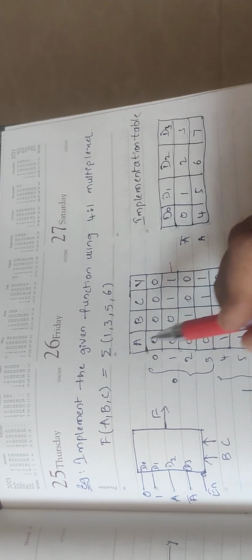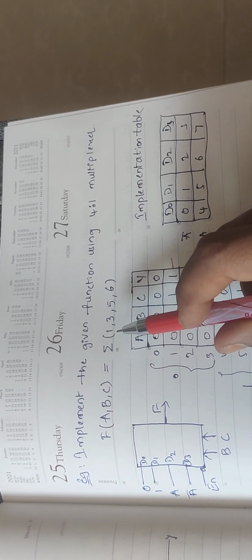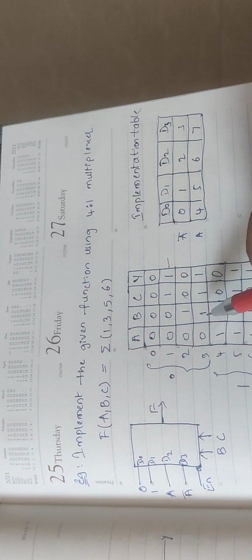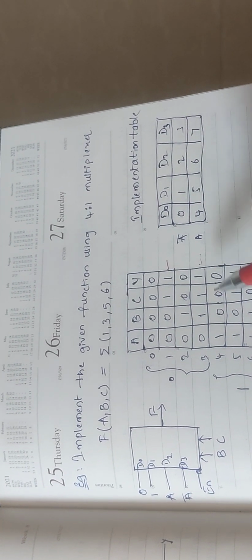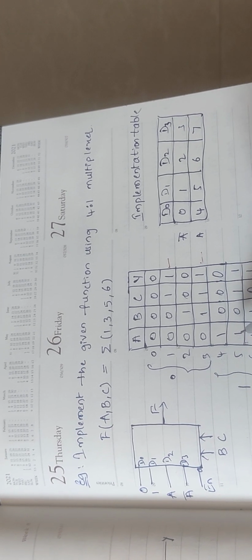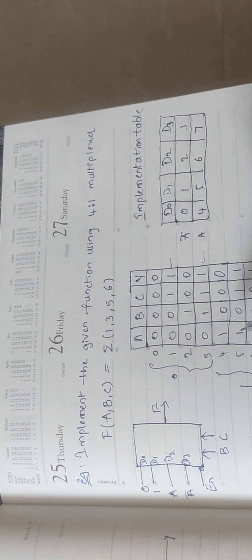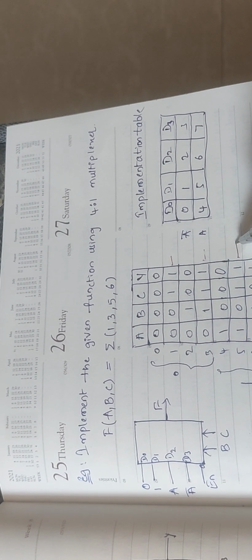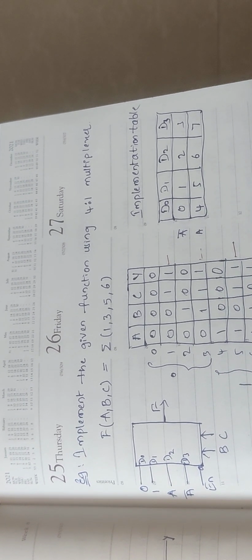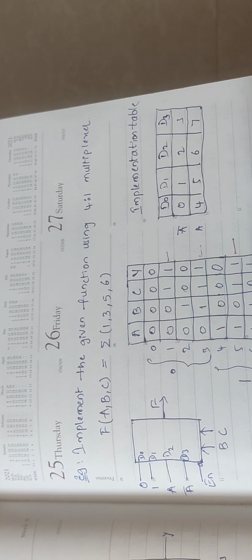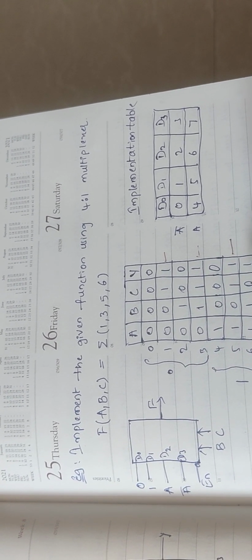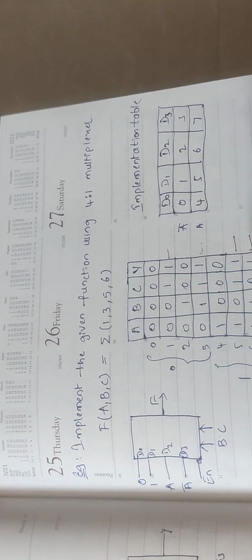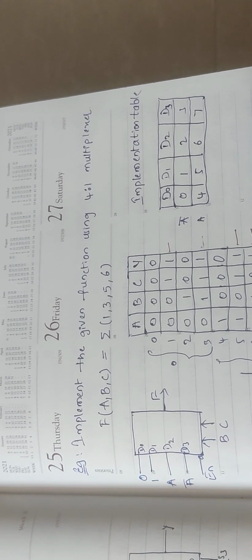That is, the binary equivalent of the decimal number 1 is 001, so for that we put the 1, and for the 3 it is 011, so it is 1, and for the decimal number 5 its equivalent binary is 101, for that we put the 1 in the y column, and similarly for the 6 that is 110 represents the binary equivalent of the decimal number 6, so we place the 1 in the y column.